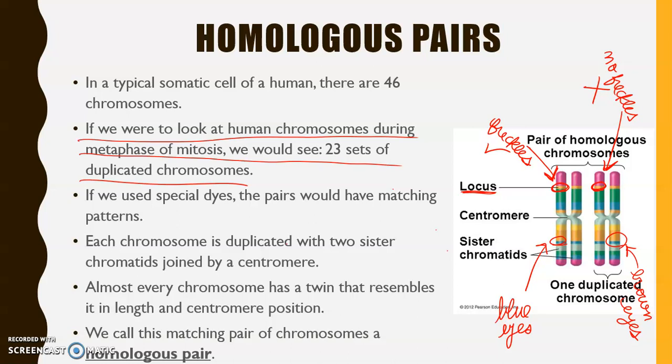And then I told you that the point of mitosis is to get two genetically identical daughter cells, and in meiosis, the goal is to get four genetically different daughter cells.